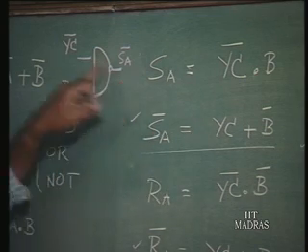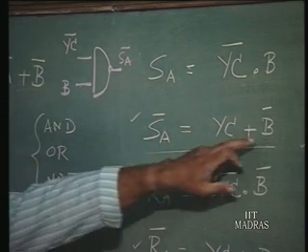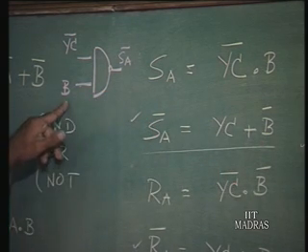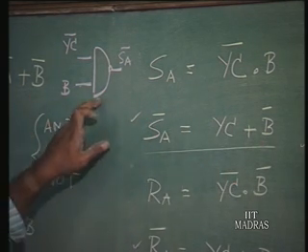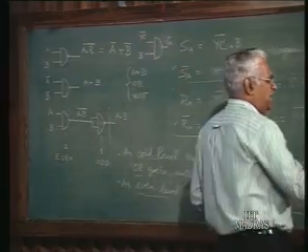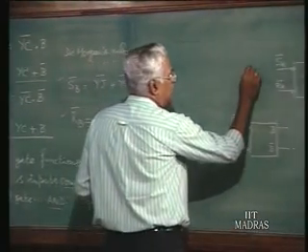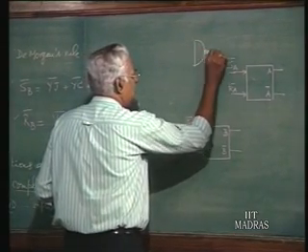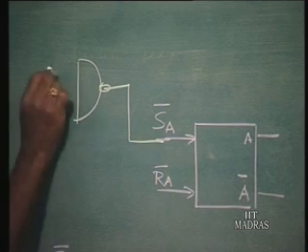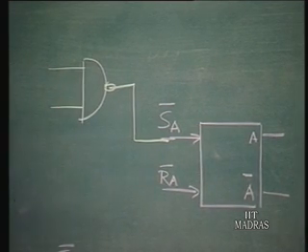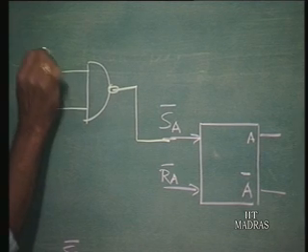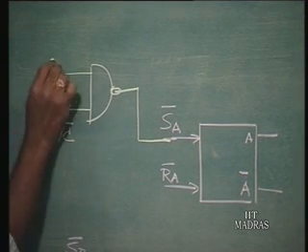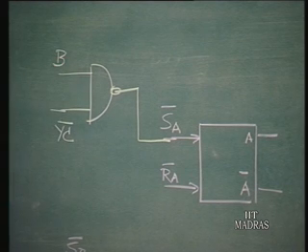So, for YC we complement and get YC bar, for B bar we recomplement and get B. So, this in fact is the output of the NAND gate, which we can include here, that is for SA bar we just need one NAND gate, and the inputs to this are YC bar and the other one as B.